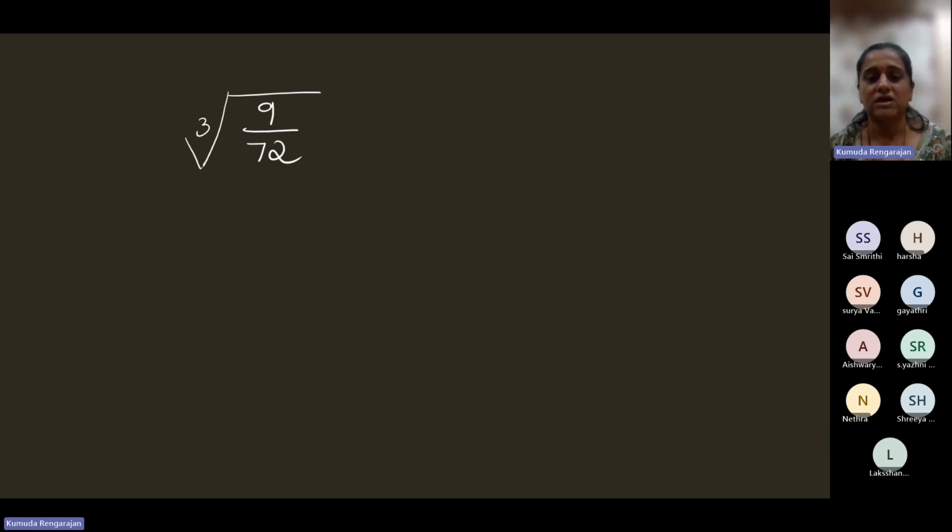Real numbers. Our study is only about real numbers. There are numbers called imaginary numbers or complex numbers, but we're not studying them. Our study is restricted to real numbers, that is, numbers that exist.